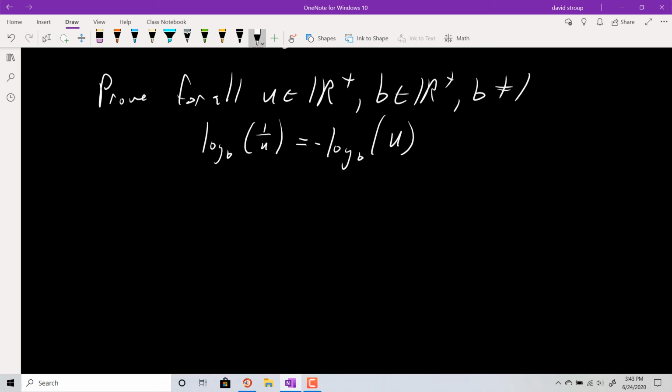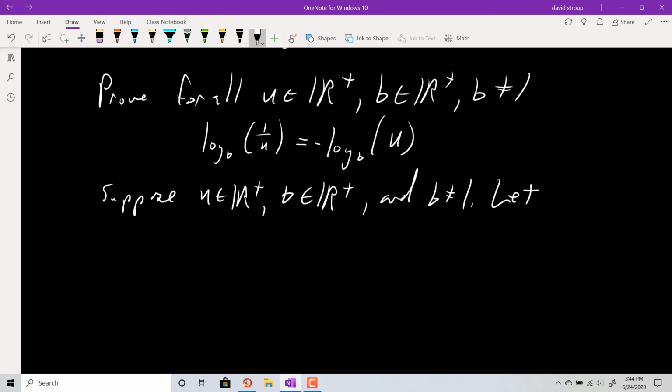Okay, so we'll go ahead and make our suppositions. Suppose then that u is in the positive reals, b is in the positive reals, and b is not equal to 1.